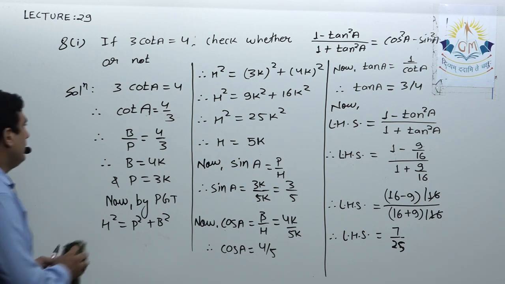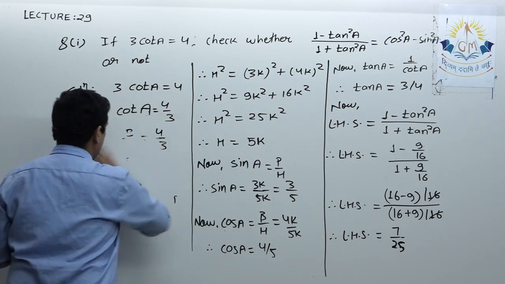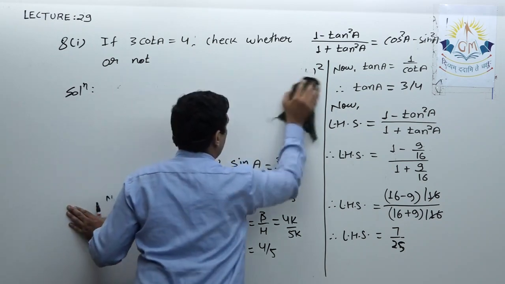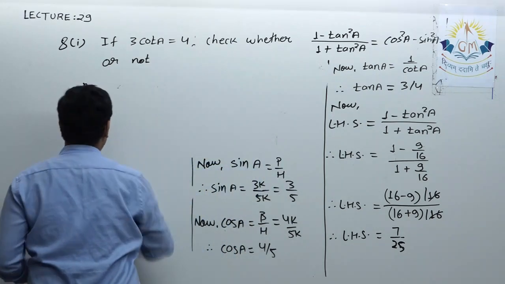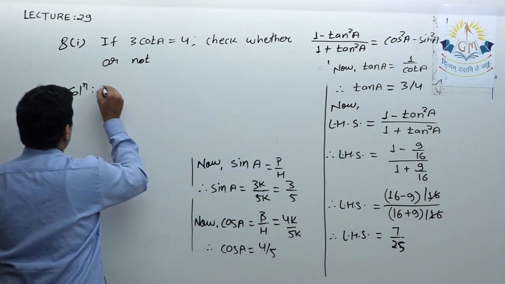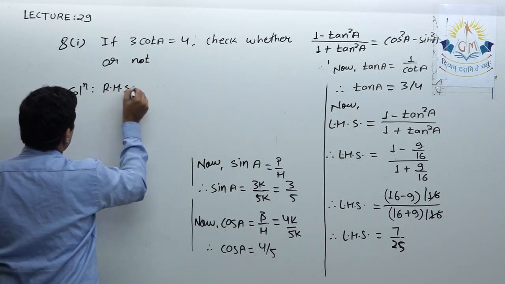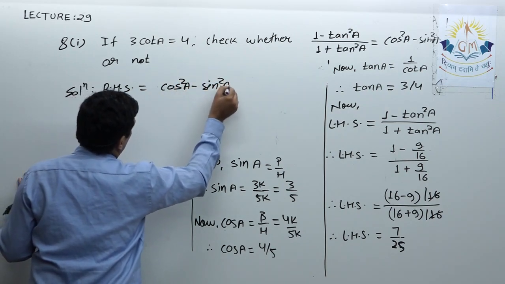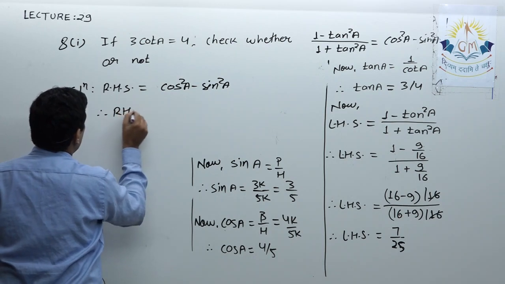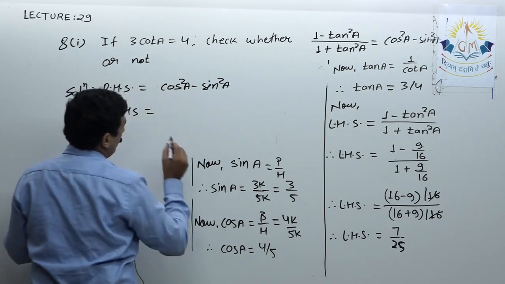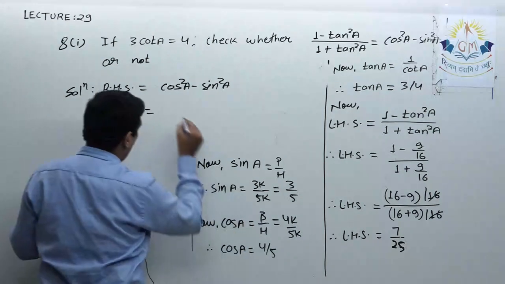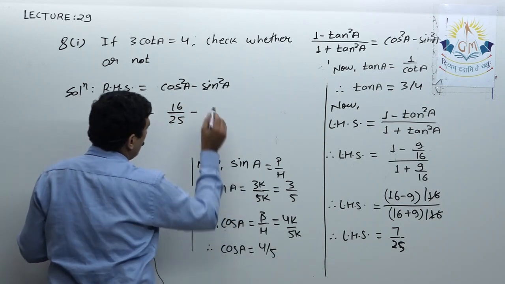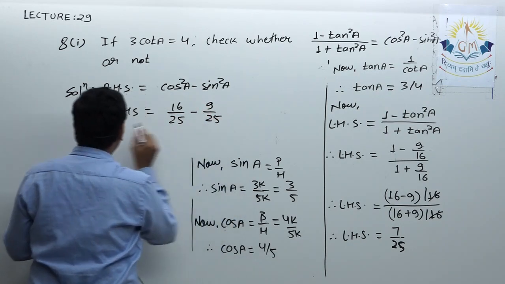Now let's see the right hand side of the given expression. RHS is equal to cos square A minus sin square A. Cos A is equal to 4 upon 5, so this will be 16 upon 25, minus sin A is 3 upon 5, so this will become 9 upon 25.